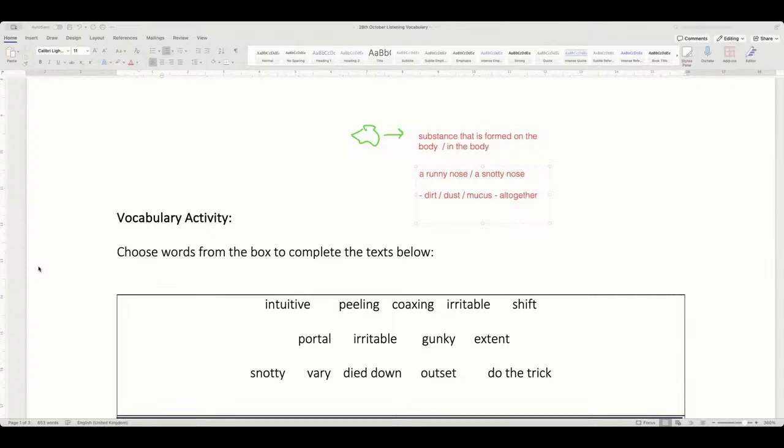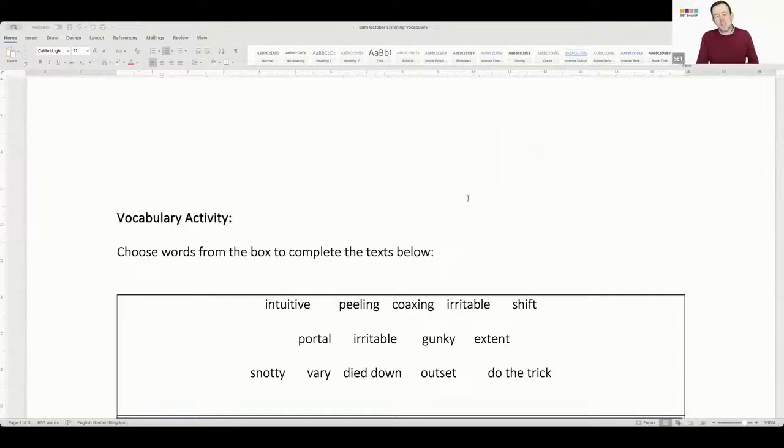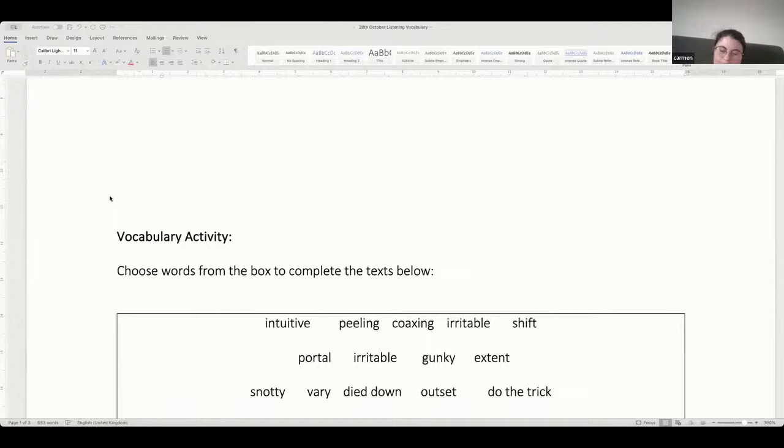So snobby gives a sense that you think you're up here and they're down there. But snotty can also cross over sometimes a little bit. But generally, being snotty is being unnecessarily unwelcoming to somebody, unfriendly.